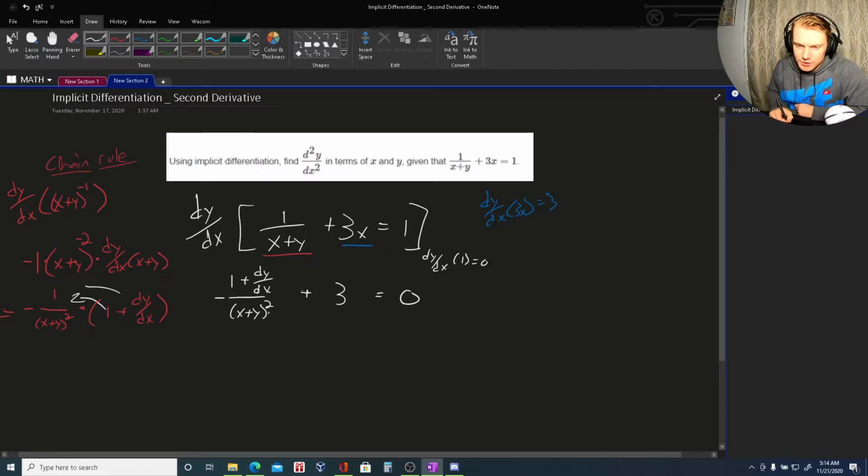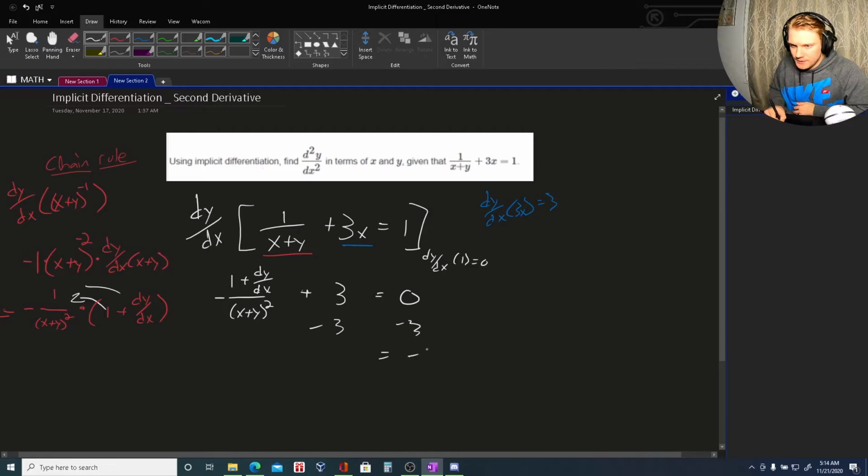Now we can just do algebra to isolate dy/dx. There's a couple different ways you could do this; I'm just going to go through it my way. Subtract the 3.